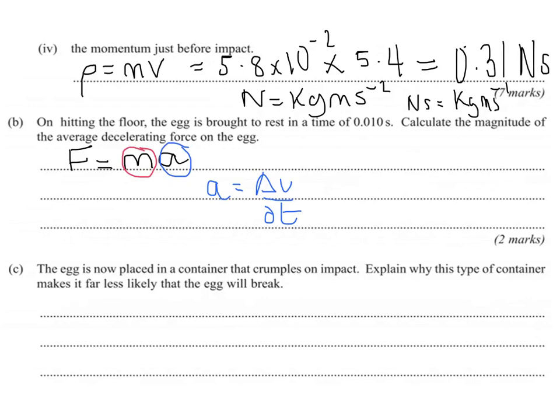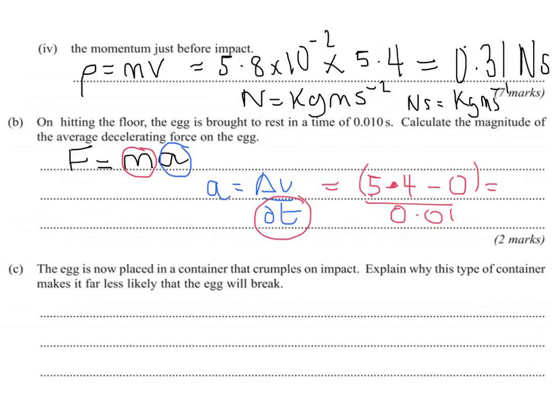So we've got the change in time in the question, so we know that part, and we know the change in velocity must be the velocity going in, so that was 5.4, subtract 0 because that's the final speed because it says it's brought to rest, divided by the time, so 0.01.